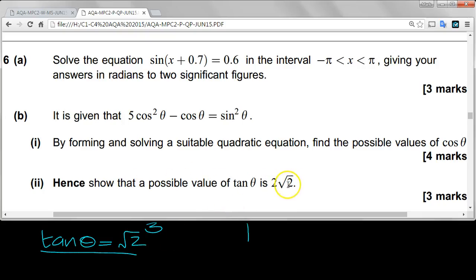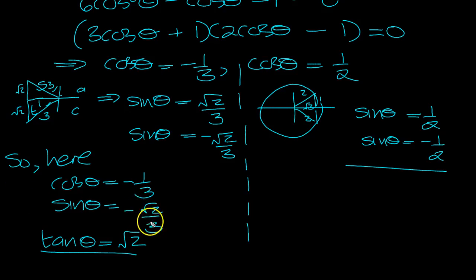Tan theta is 2 root 2, sine over cos. Let's have a look at this. Oh, hang on. This is 2 root 2 here. My mistake on the algebra here. So sine theta is 2 root 2 over 3, or minus 2 root 2 over 3. And that will give that. So apologies for that.